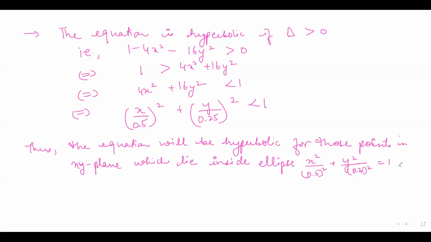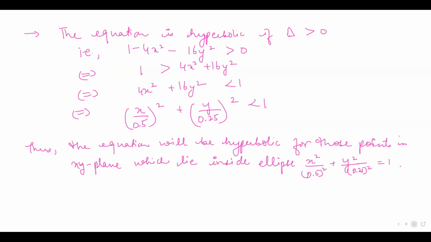If it is parabolic, equal to 0 would be when you have the points on the ellipse only. So the equation will be parabolic if your discriminant is 0.